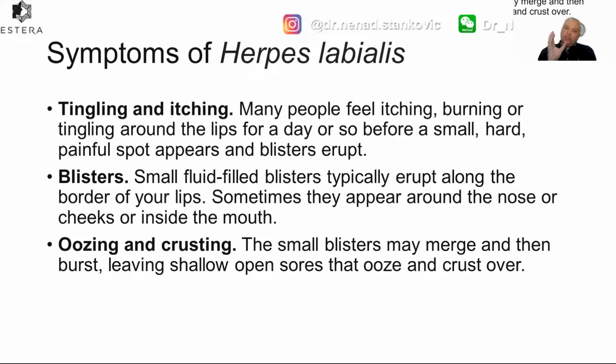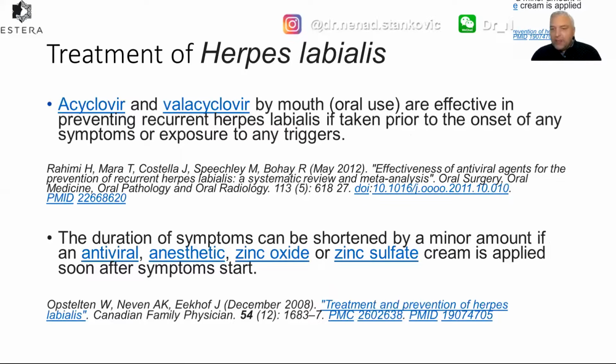So how could a patient recognize whether they have herpes labialis? Before the outbreak, they will feel tingling and itching. Then of course they will see blisters, and those blisters will pop up, and then oozing and crusting will appear. But of course, we should prevent that. So how should we prevent that?